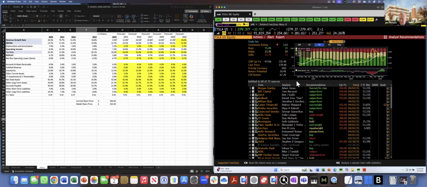Do you believe that Cantor Fitzgerald is right? Andre Shepard's team, they're pretty bullish. Do you think that Wells Fargo, who hates them, is right? Do you think that Barclays is right, that they're pretty close to the current share price? Where are you on this company? If it was your own money, what would you do?